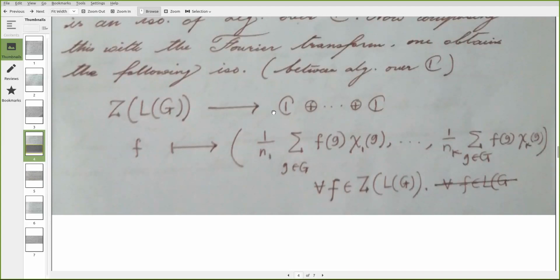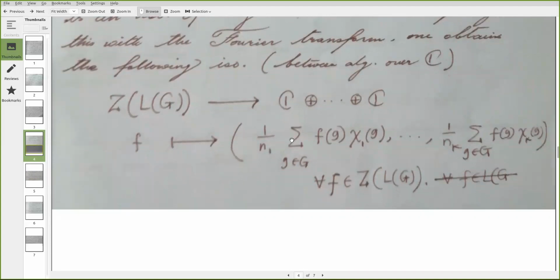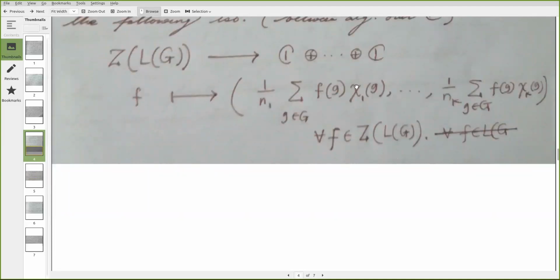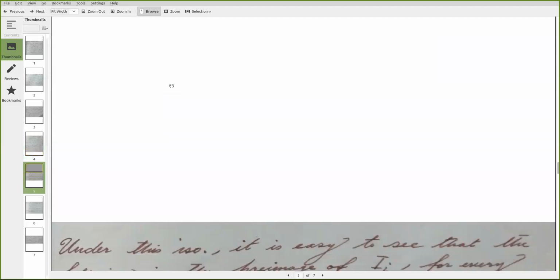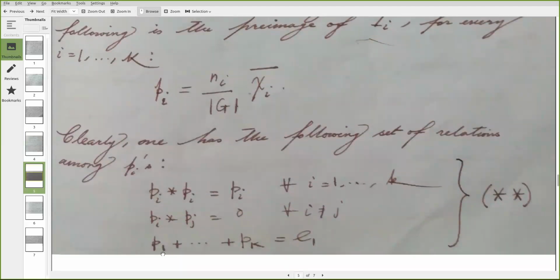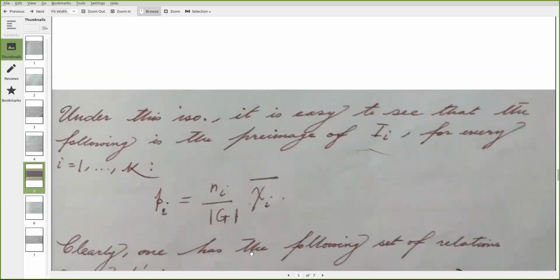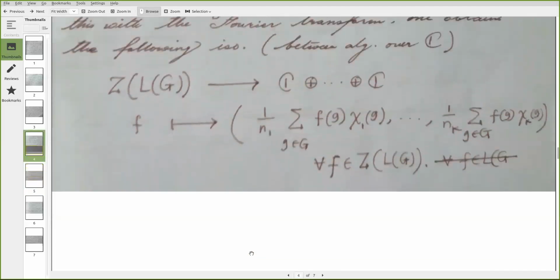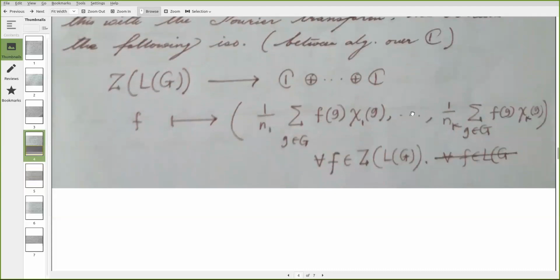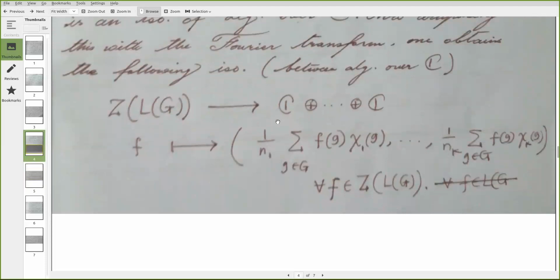The summation of the ei's will be a vector that has all components 1, and the vector which has 1 in all components is the identity element of this algebra. Therefore, the sum of the pre-images of the standard basis vectors ei is also the identity. Since the sum of ei is the identity element of the algebra and this is an algebra homomorphism, if we take the sum of their pre-images, that is going to be the identity element in Z(L(G)).